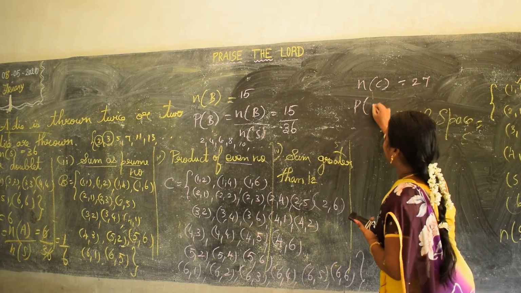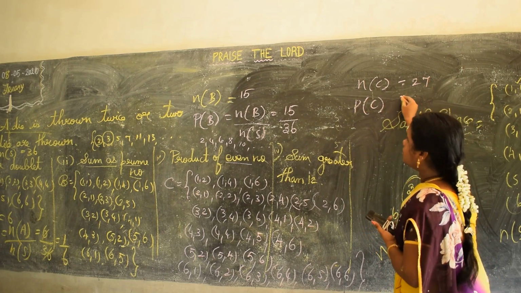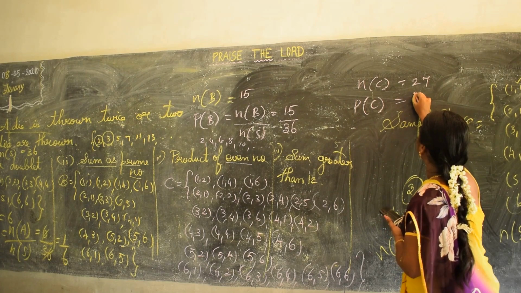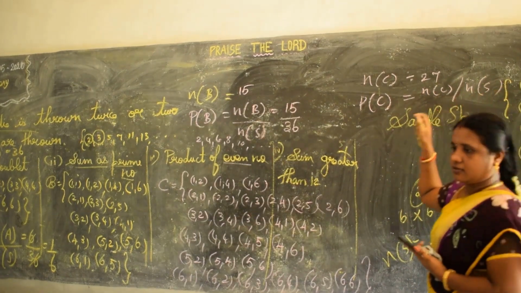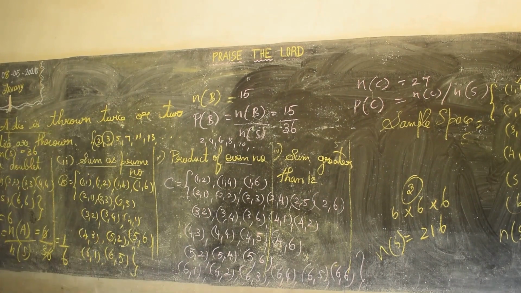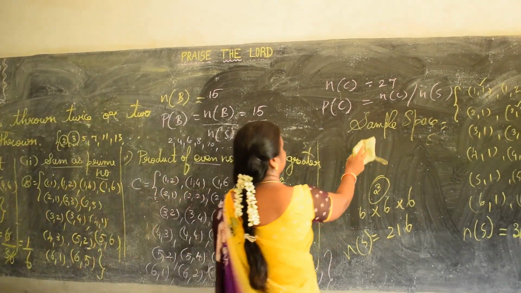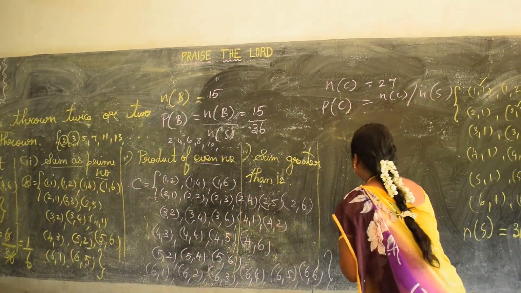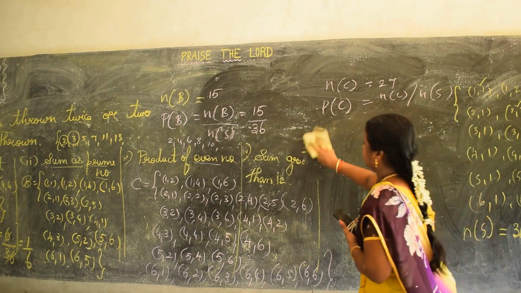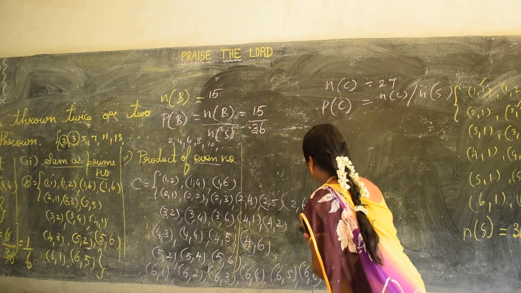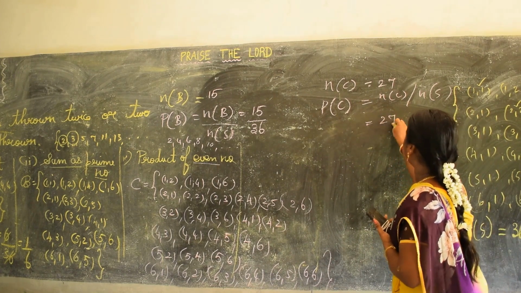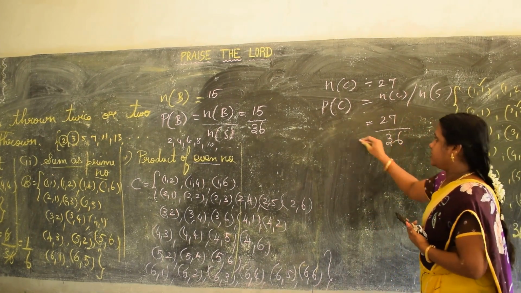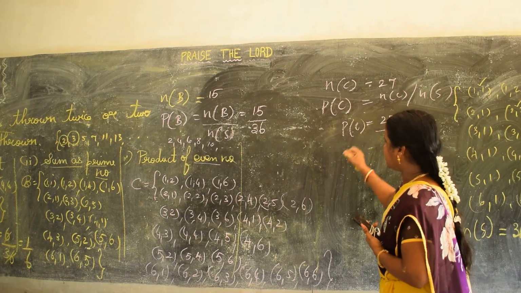What is our probability of getting product as even number? n of c by n of s. Here our n of c is 27, our n of s is 36. This is the answer for the third subdivision.